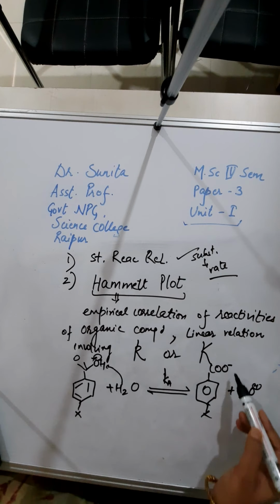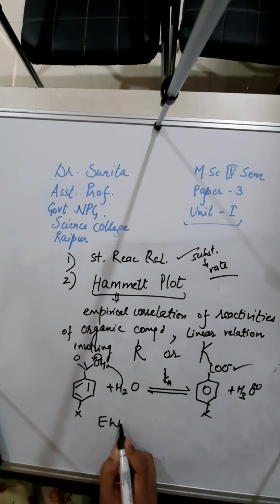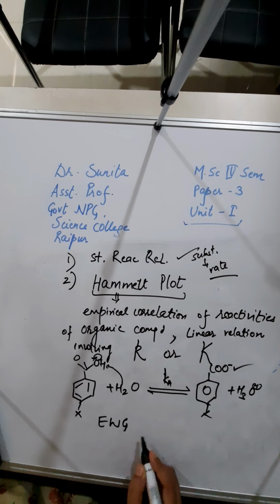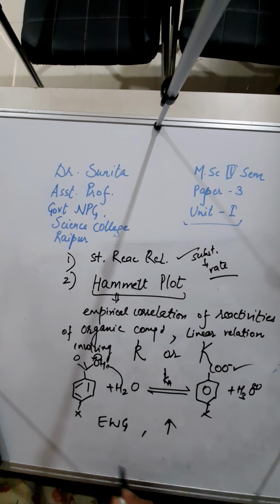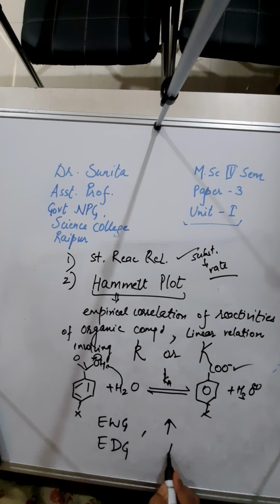Similarly, this is a negative charge center, so the electron withdrawing group will increase the rate of the reaction, while the electron donating group will decrease the rate.